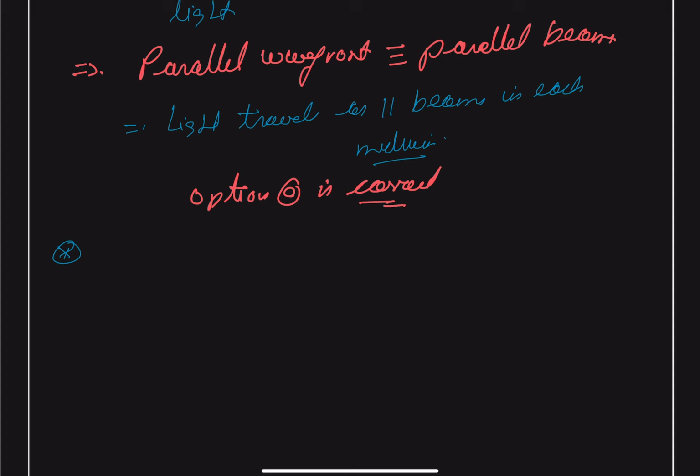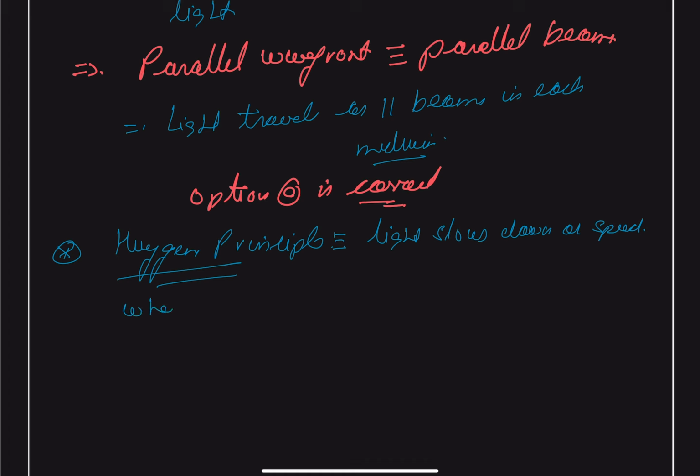So Huygens principle states that light slows down or speeds up when moving from one medium to another.